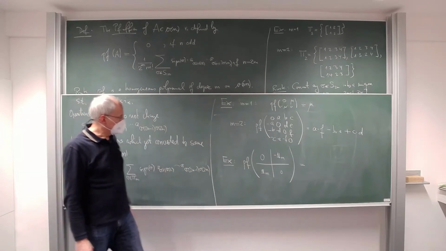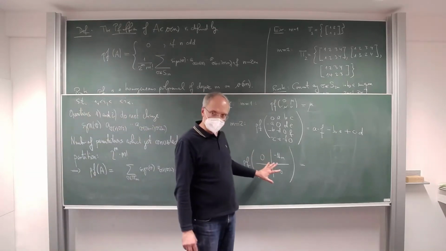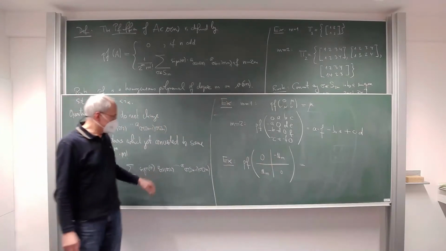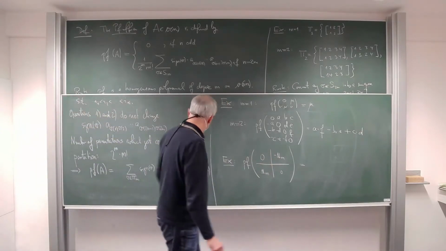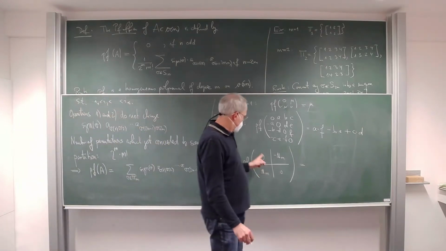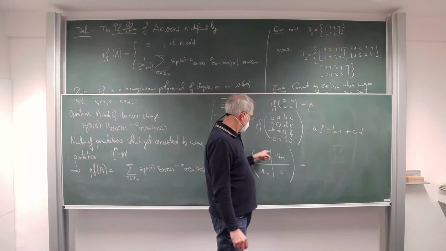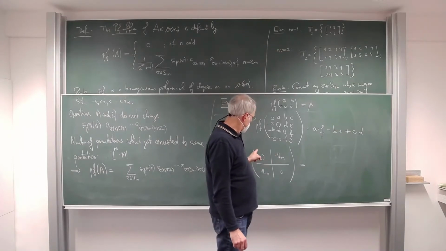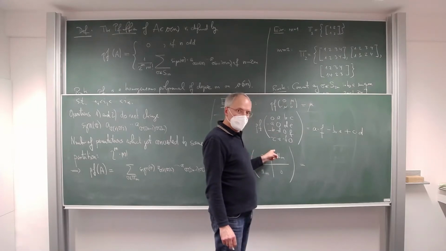Most of the entries in this matrix are 0, so there's not many options. If you look at the first row, there's only one non-zero term, namely the one corresponding to the first row and the m plus first column.